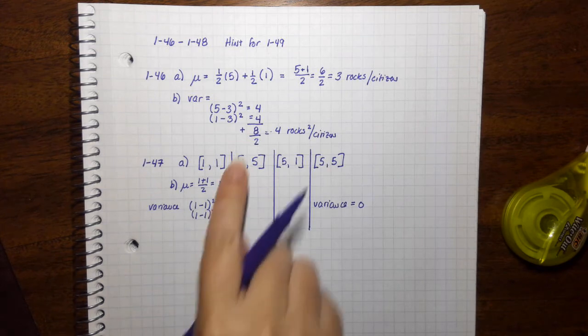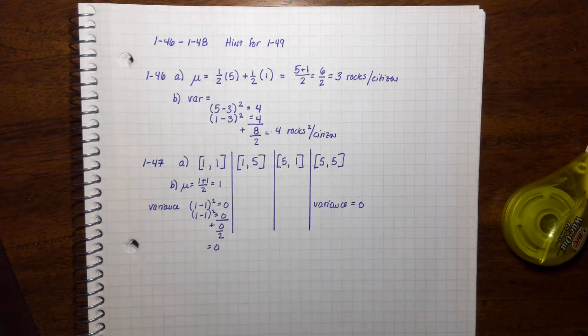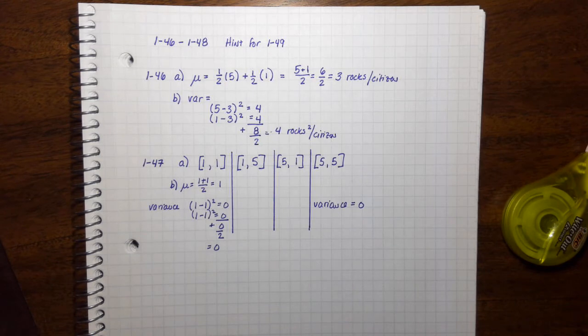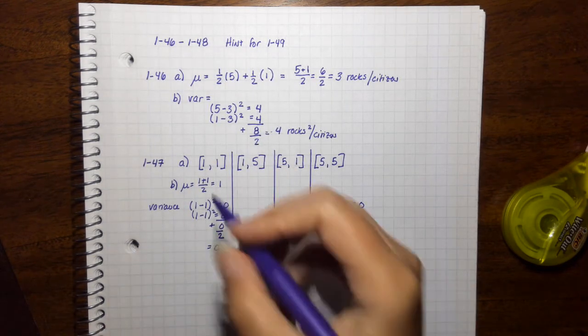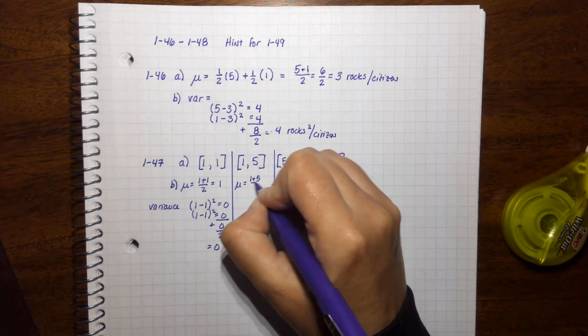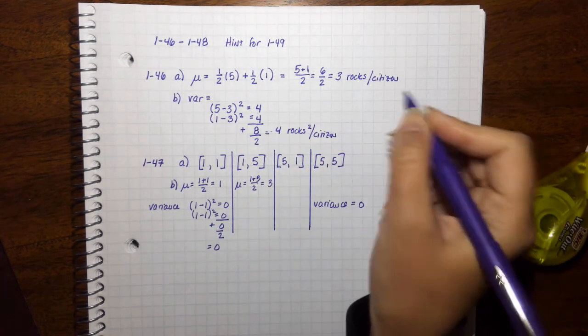Okay, do you notice that these numbers and these numbers vary from each other the same amount? So whatever we get for this one, we will also be able to use for this one because they're the same distance apart from each other. Okay, so first I'm going to find the mean. 1 plus 5 over 2, which is 3. I think we did that up here.